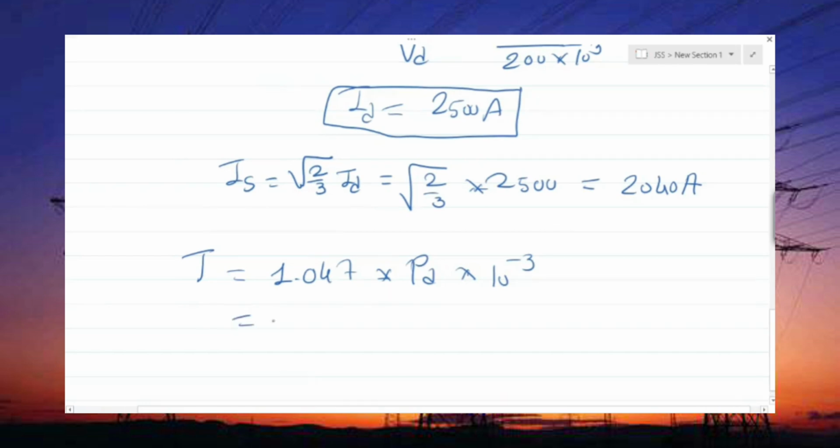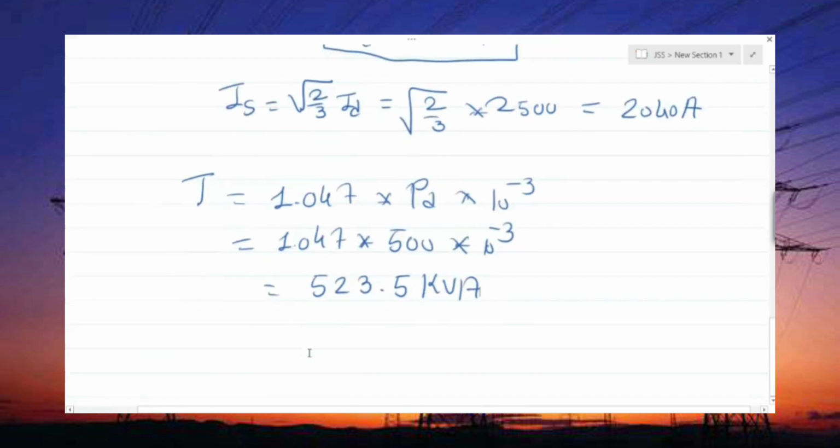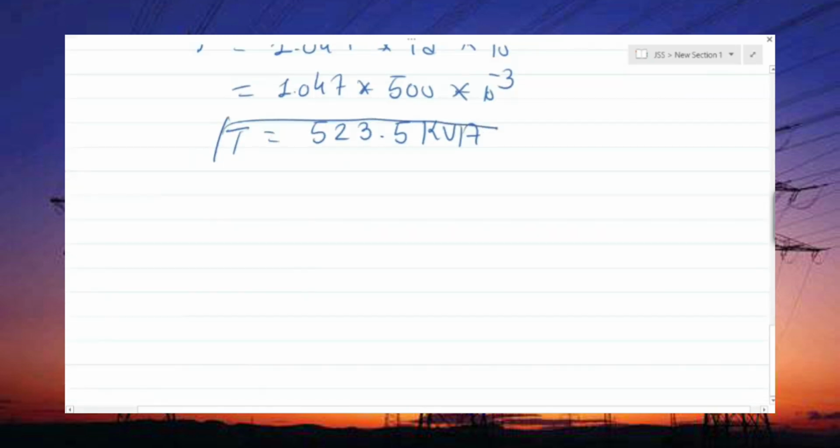So it is 1.047 multiplied by PD, which is 500 megawatt, into 10 raised to minus 3. So it is around 523.5 kVA, the transformer secondary rating.